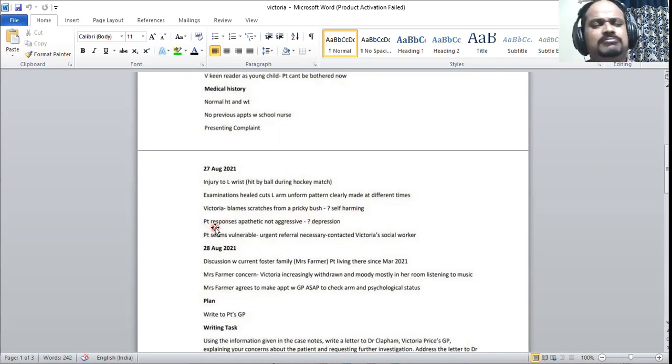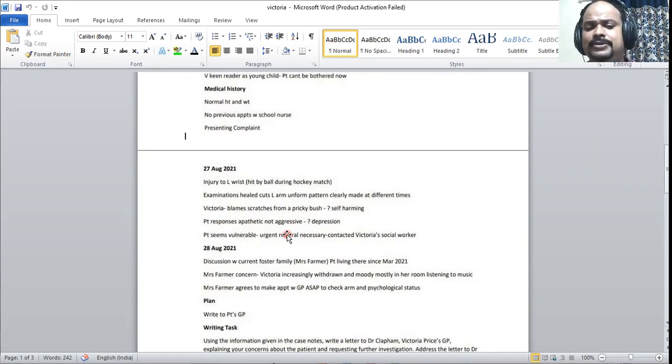So the patient, that's Victoria, responds apathetically, not aggressively. She is not so excited or not so concerned about what happened. She's just having apathy, no emotions there, not aggressive.